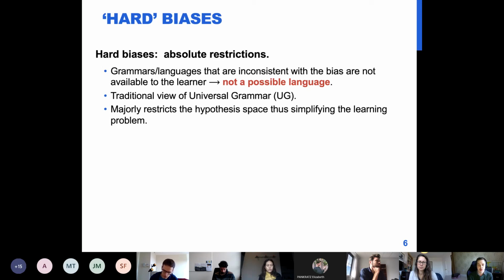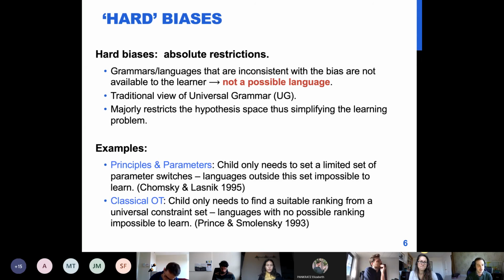So we could say that's not a possible language at all. This would be your traditional view of UG or universal grammar, and it has the effect of majorly restricting your hypothesis space. So it makes the learning problem really simple. If you're familiar with frameworks like principles and parameters or classical OT, these are frameworks that have this hard bias mentality of universal grammar, where the hypothesis space of what is a possible language is dramatically restricted.